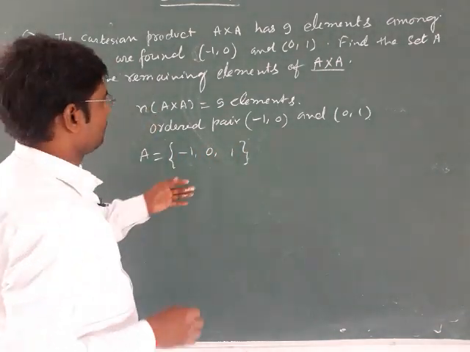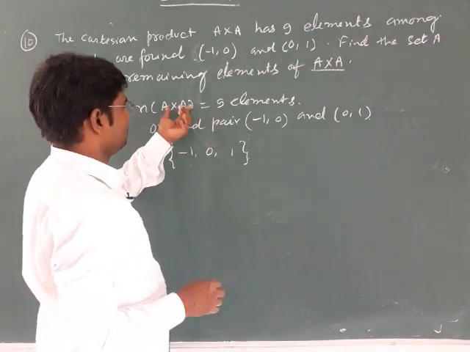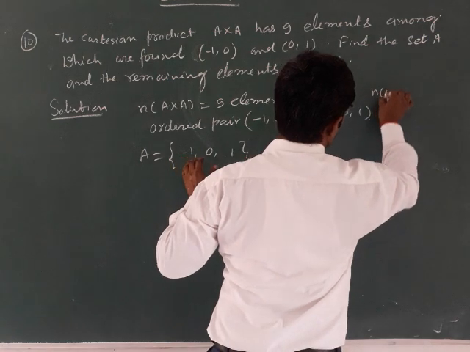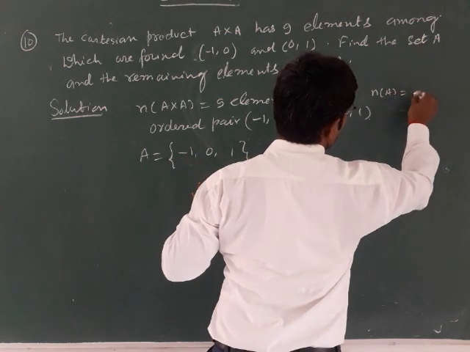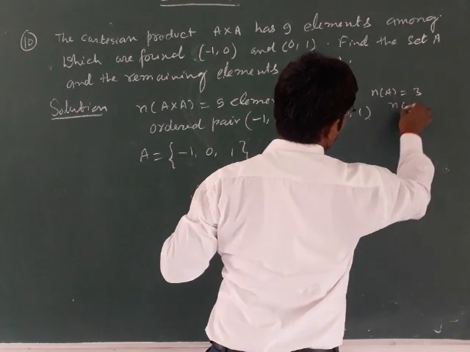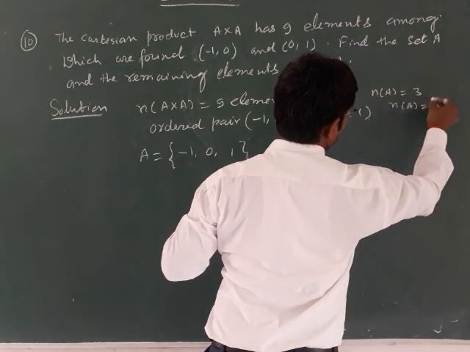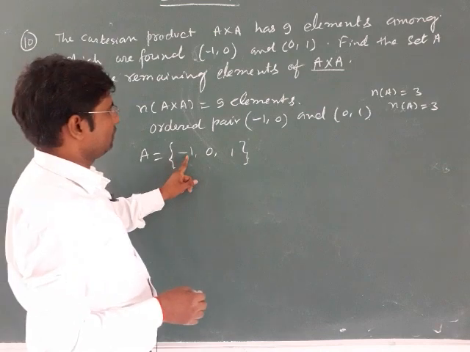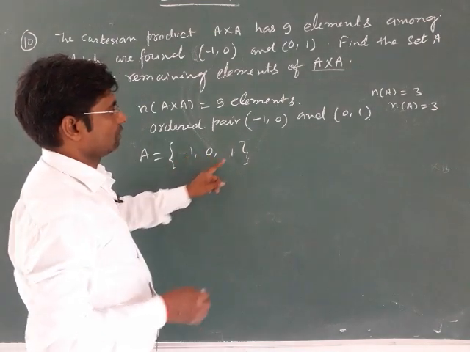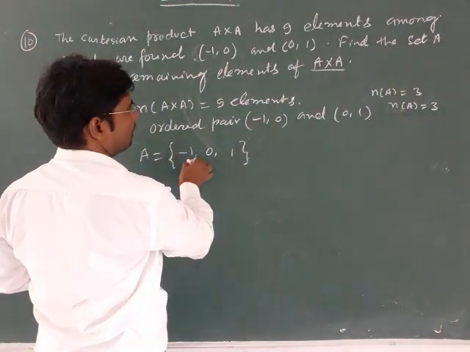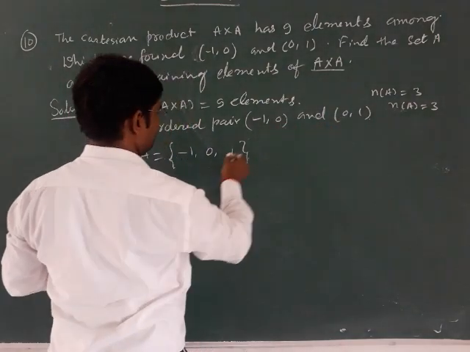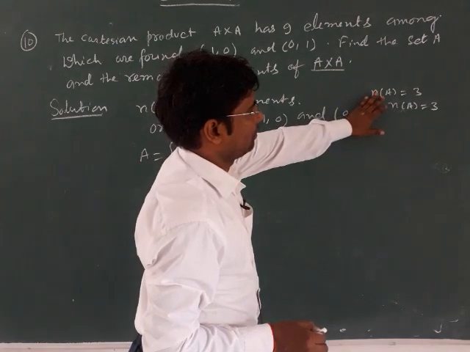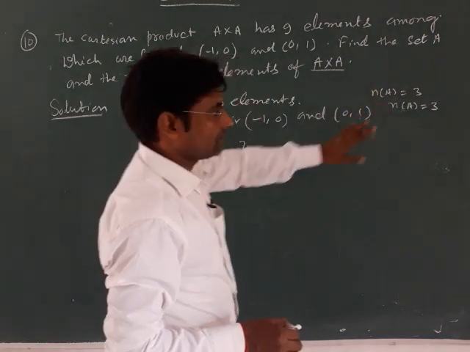So A is equal to {-1, 0, 1}. A cross A has 9 elements, so the number of elements in A is 3 and the number of elements in A is also 3. The elements -1, 0 and 1 are in set A, because the elements of both sets are the same.